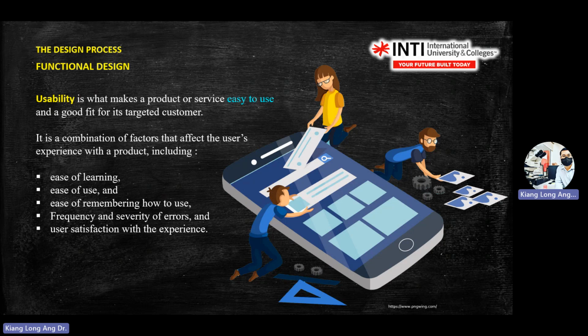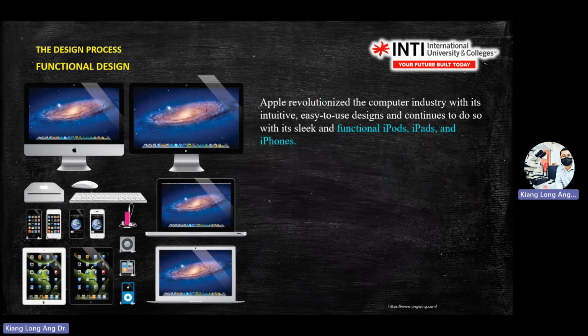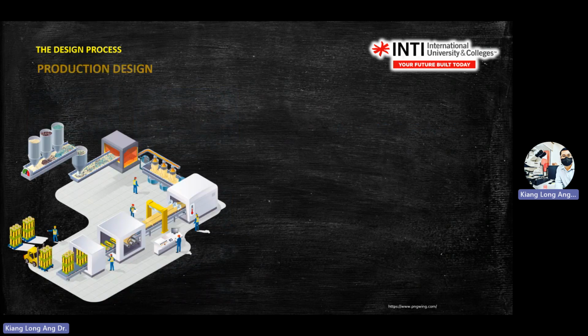These are the combination of factors that you need to consider when you discuss usability. A few examples: Apple, they are quite good in product design. You're quite familiar with these: iPod, iPads, phone, and so on.